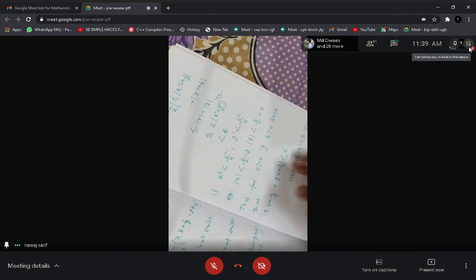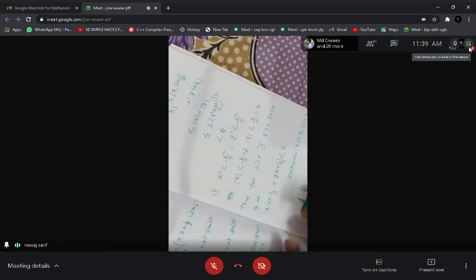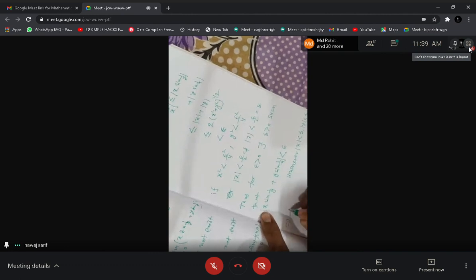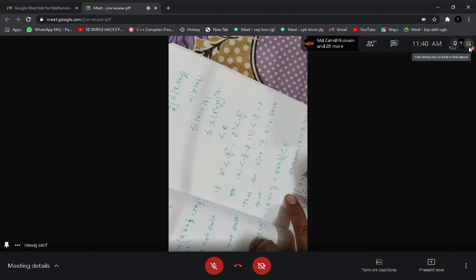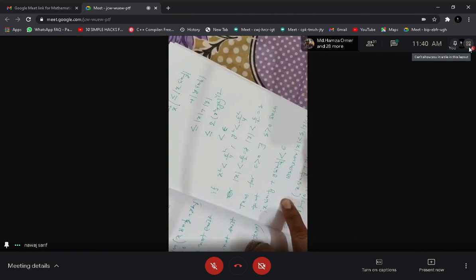And what is the epsilon delta definition of limit? This implies limit as (x,y) tends to (0,0) of x sine 1 by y plus y sine 1 by x equals 0. That means the limit of this function exists.